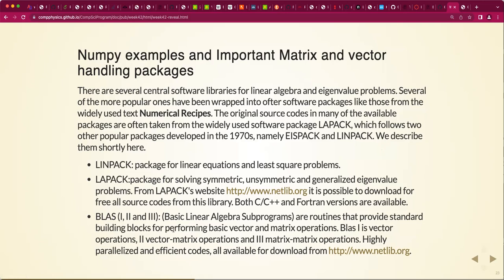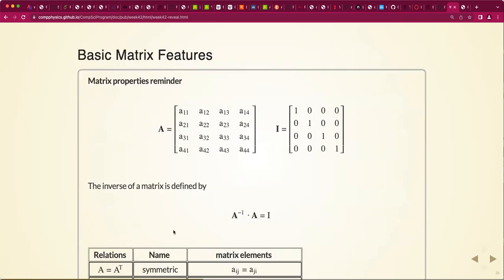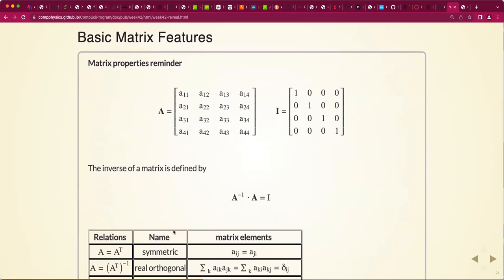So these are libraries which you probably have encountered, and you will find some basic properties here, but I'm going to skip that because this is more like a review. Most likely you've seen these things before, and you can just review and go through it, and you will see some simple Python codes.